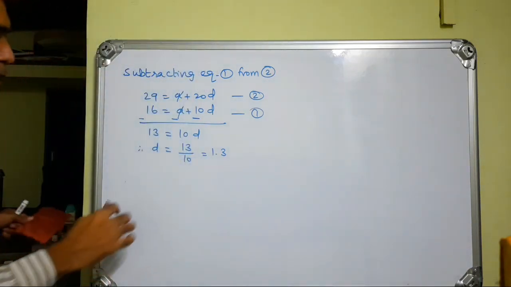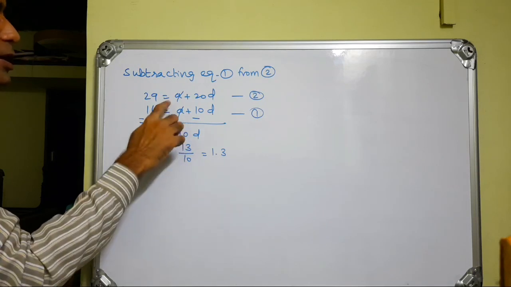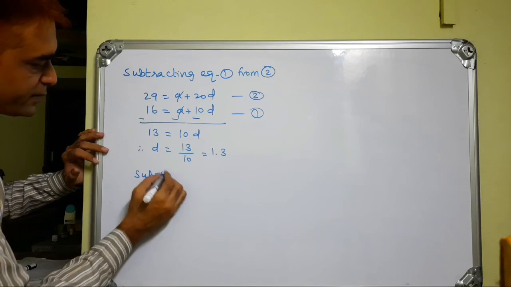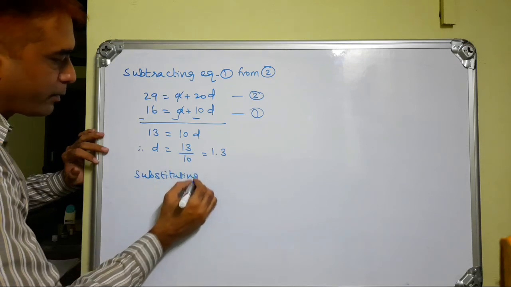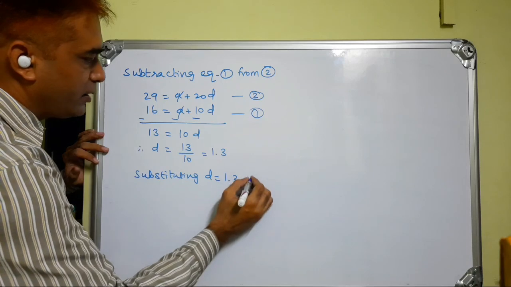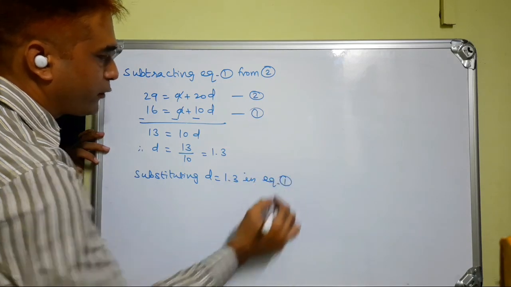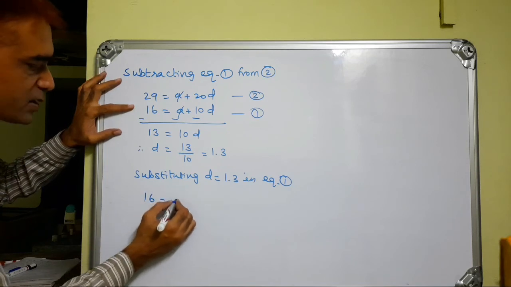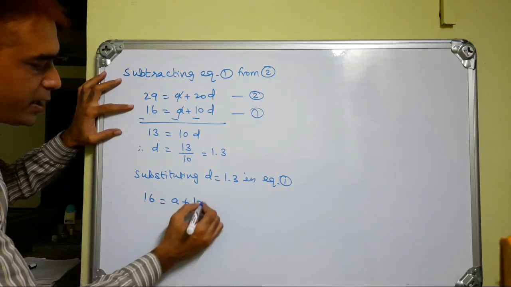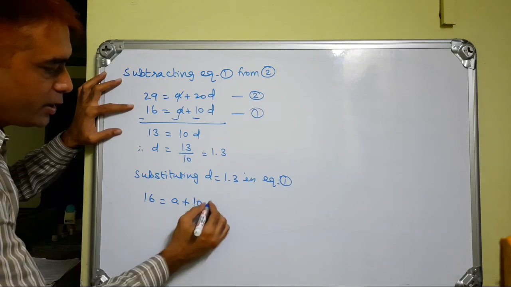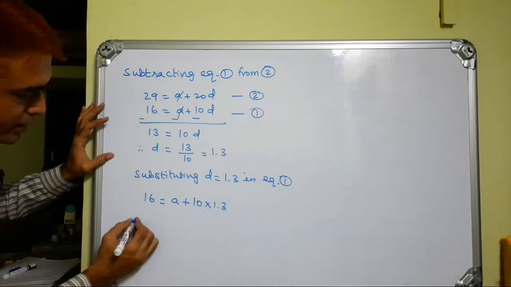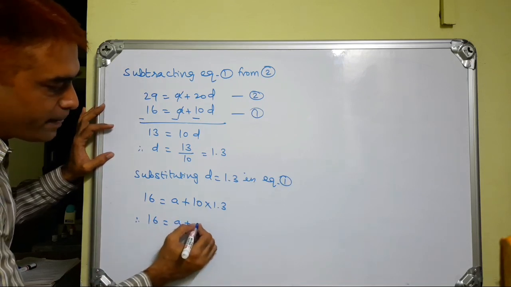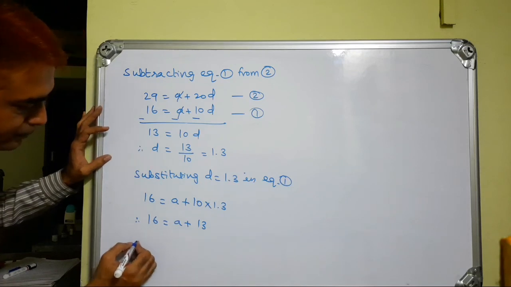Now we will substitute this value of D in equation number 1. So, substituting D equals 1.3 in equation 1, we write 16 equals A plus 10 into 1.3, which will be 13.